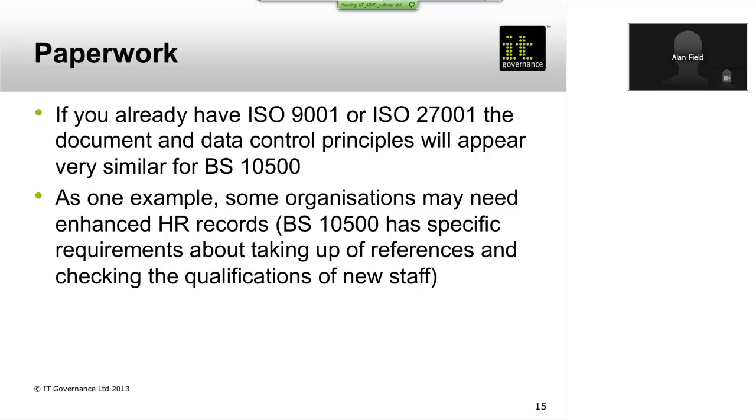There are some specific record-keeping requirements, for example, on HR record-keeping, but most of these are quite useful and sensible in their own right. Like we should always take up references and check on qualifications, etc. Obviously, the toolkit that IT Governance has developed does help you with managing some of the document and data control principles in any case. But it's just something that one needs to bear in mind.